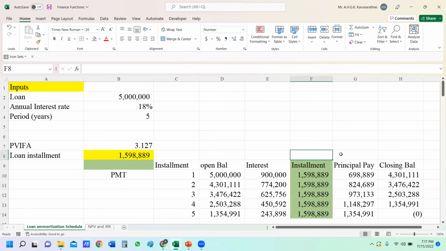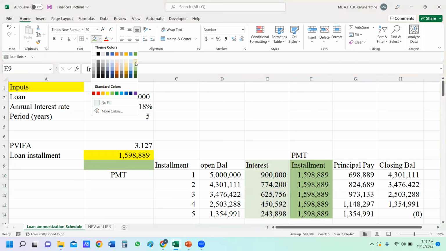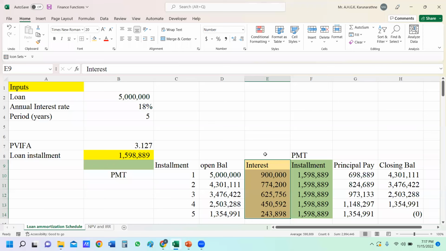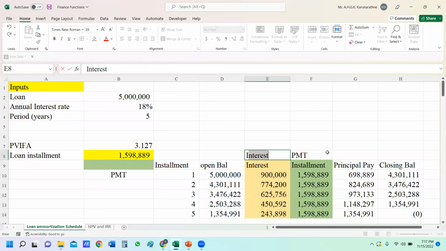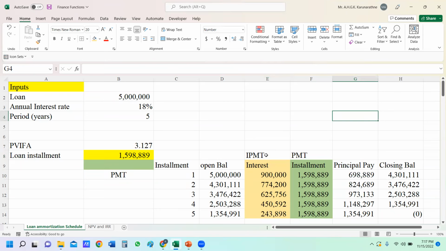You can easily compute it with the PMT function. Then there's another function to compute the interest. It is called the IPMT function.